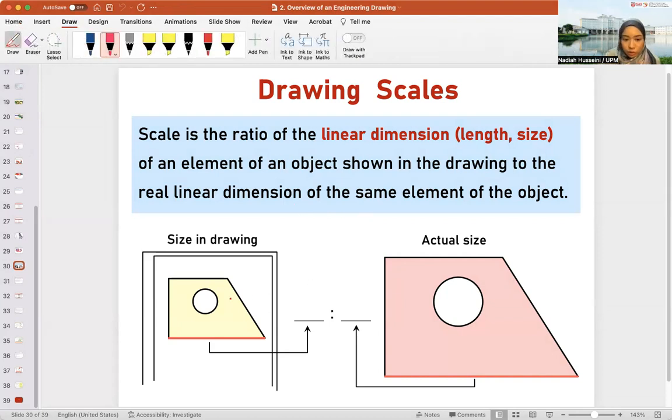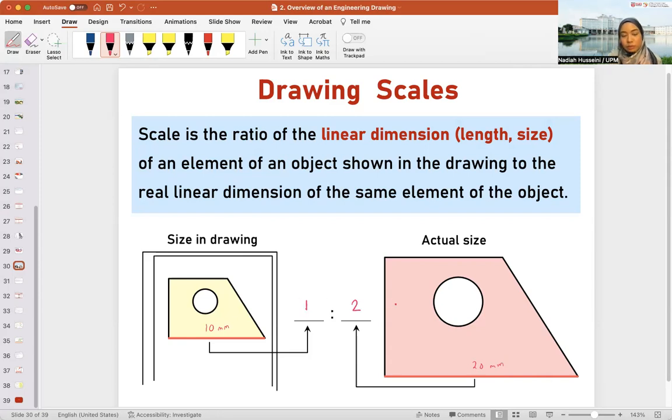Okay, so contoh. This is like 10 millimeter, but the actual size is 20 millimeter. This is just the one side of the object. So I know that 10 ni is half of 20, right? So I can say, okay, this is 1 and this is 2.